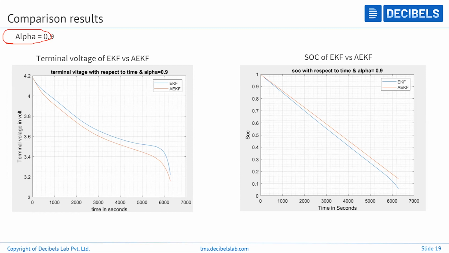If I'm getting some data from my sensor, let's say I'm getting current, the temperature of the cell, or the voltage of the cell from the measuring circuit, how good is the value? So how much we can trust it. Based on that, we come up with the selection of this alpha.